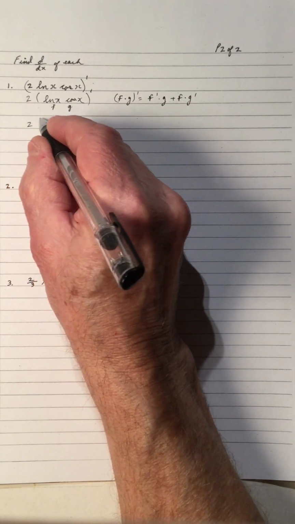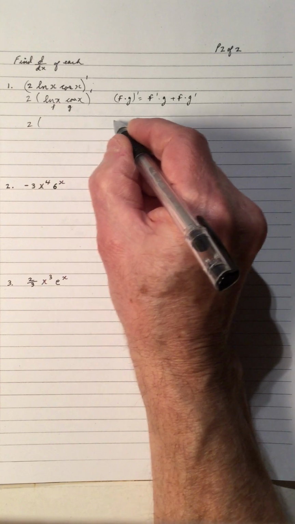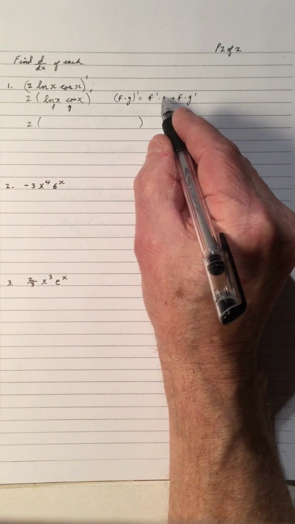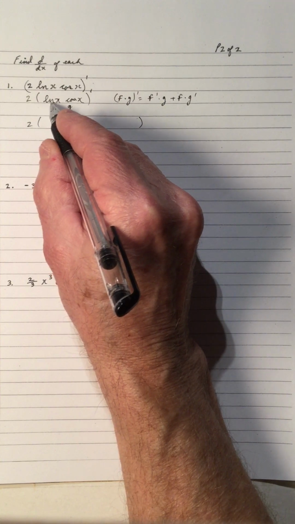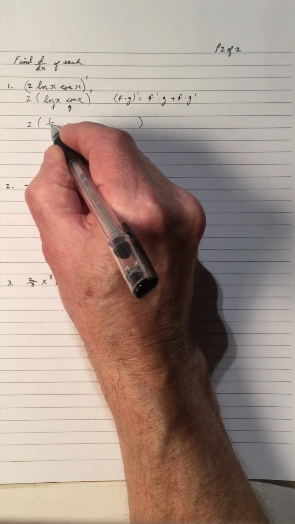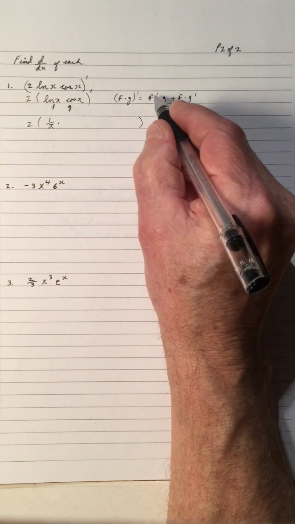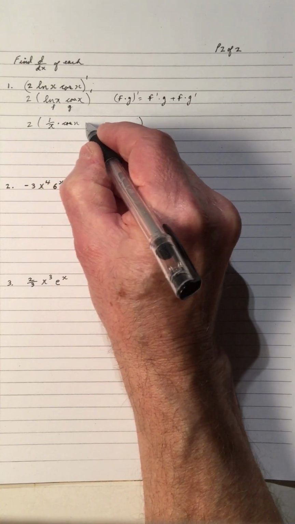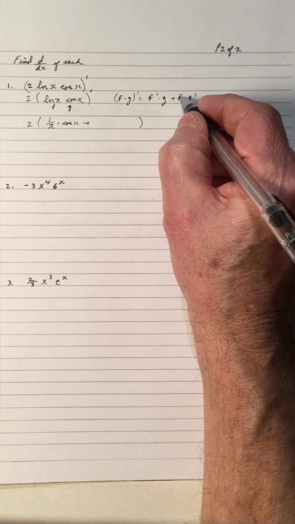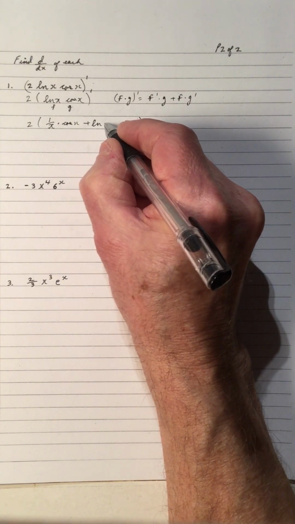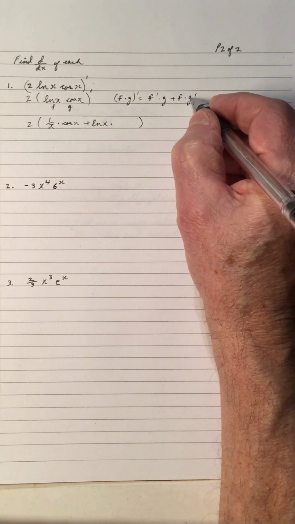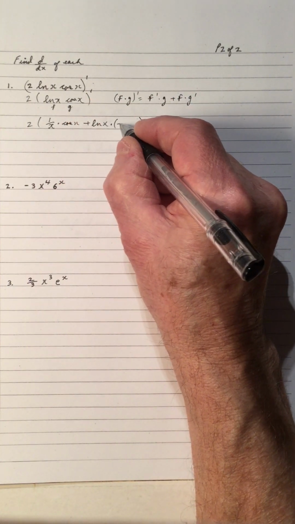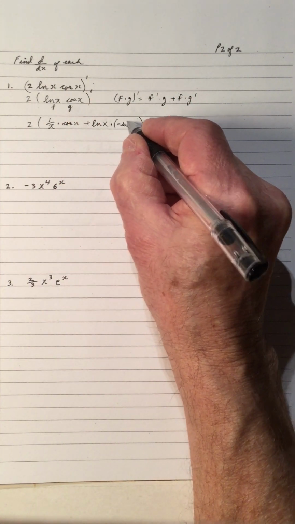So let 2 stay there, and we'll do the derivative. Take f and do the derivative. The derivative of ln x is 1 over x times g, which is cos x, plus f, which is ln x, times the derivative of g. The derivative of cos x is negative sin x.